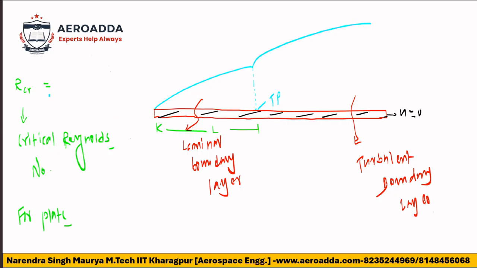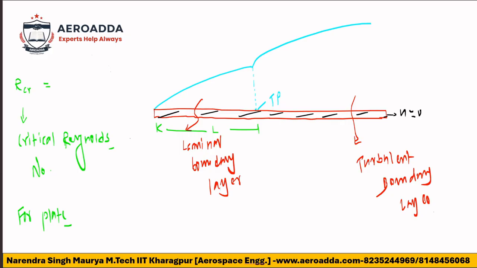This is the critical Reynolds number where the laminar boundary layer, or laminar flow, will start converting into a turbulent boundary layer or turbulent flow. So in perspective of the boundary layer, where the laminar boundary layer ends and where the turbulent boundary layer starts, that point is nothing but the transition point.